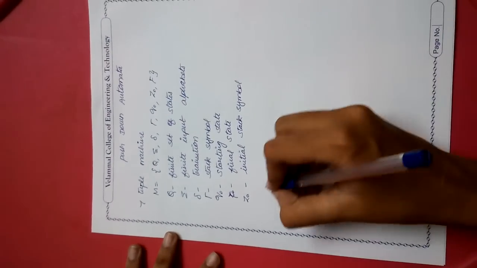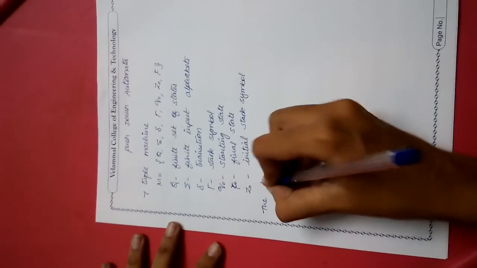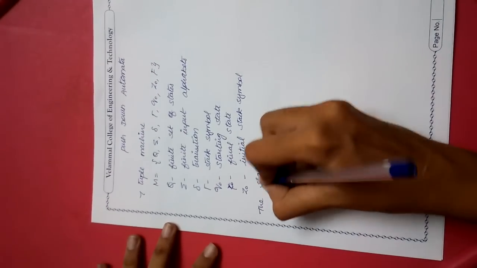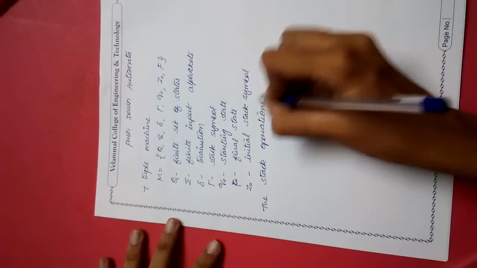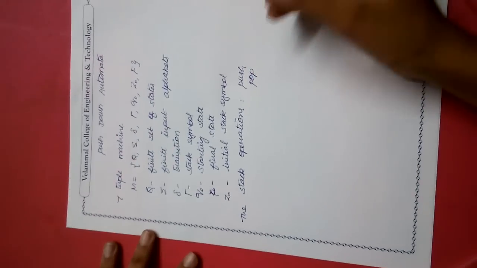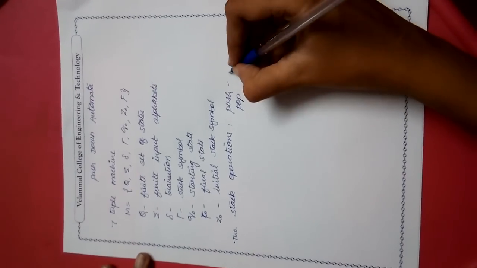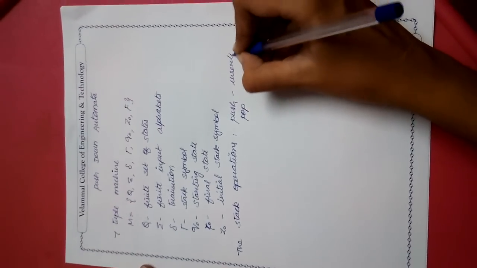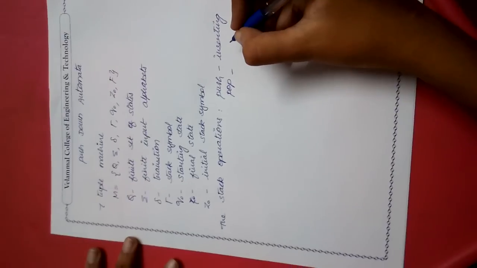PDA can be implemented using a stack. The stack operations are push and pop. The push operation is similar to inserting an element. Pop operation is similar to deleting an element.